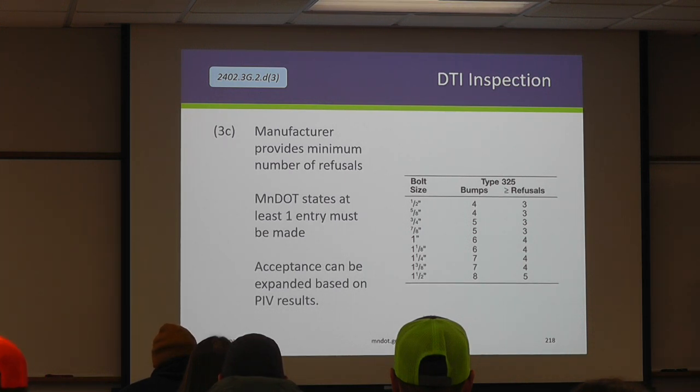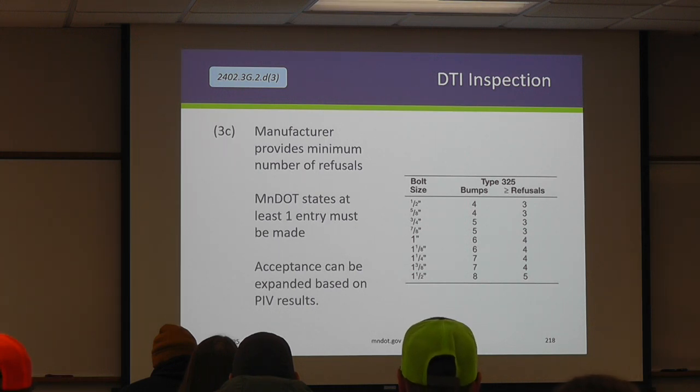Why do you think we do this? Any ideas? They're not over tight. Once they're all flat, do we have any idea if they're over tight or not? We just know that once they're all flat, they're minimally tight, right? Because the DTIs are designed to crush at whatever that minimum pre-tension force is from that spec book table.